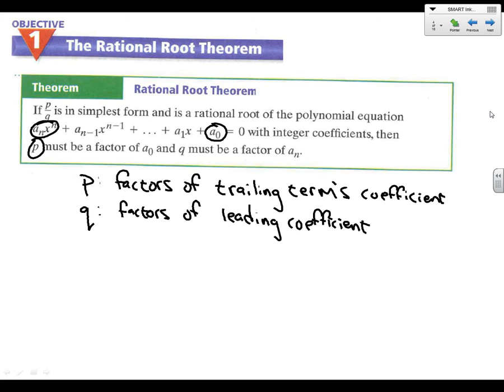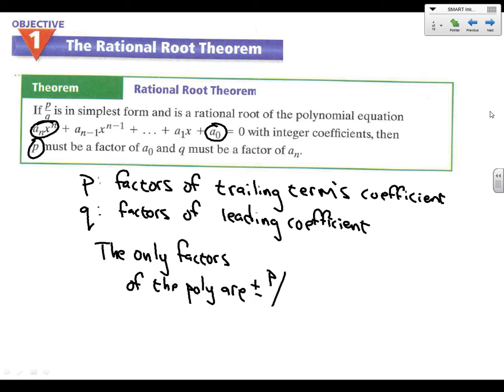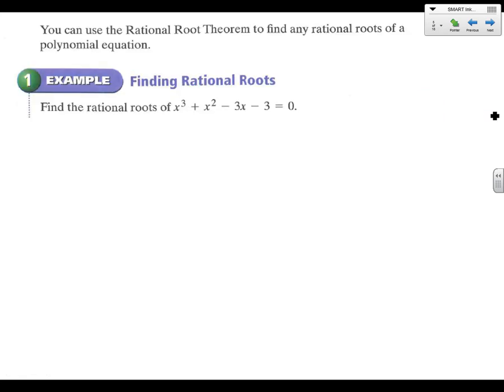All right. So the only factors of the polynomial are plus or minus P over Q. We'll deal with that in a second. But you take P, all the factors of the trailing term, divided by Q, all the factors of the leading term's coefficient. So let's take a look and see if we can use that to find all the rational roots.